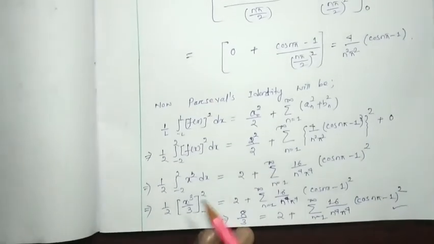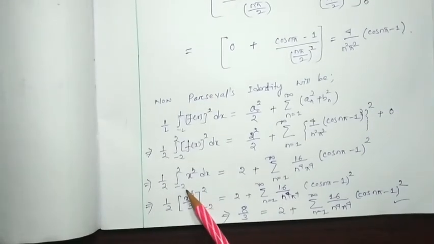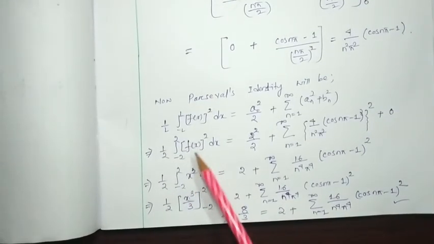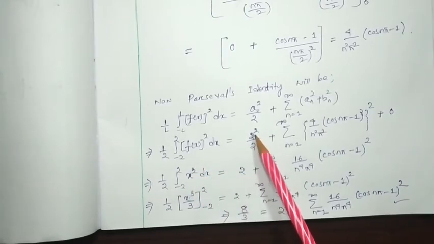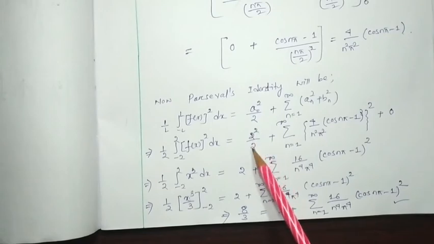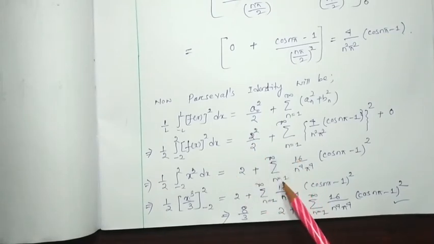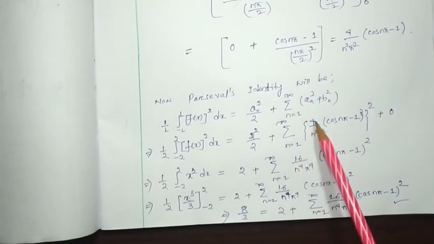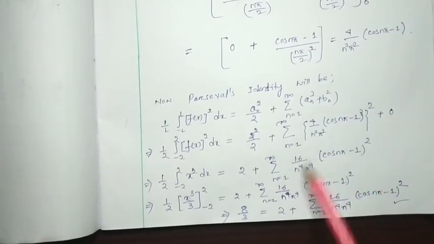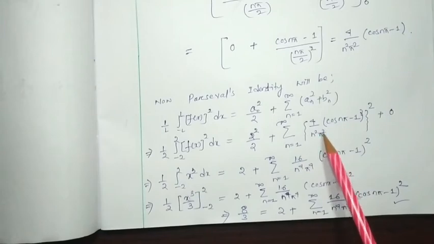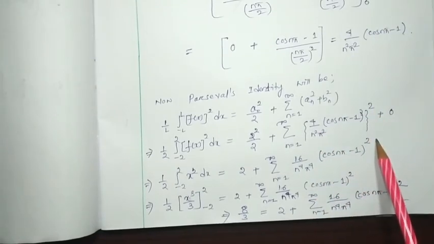So that implies 1 by 2 integral from minus 2 to 2, here f(x) is nothing but x square dx, equal to 2 square by 2 means 2, plus summation over n equal to 1 to infinity. This will be 4 square, which is 16, by n to the power 4 pi to the power 4, because the square is there, so (cos n pi minus 1) whole square.